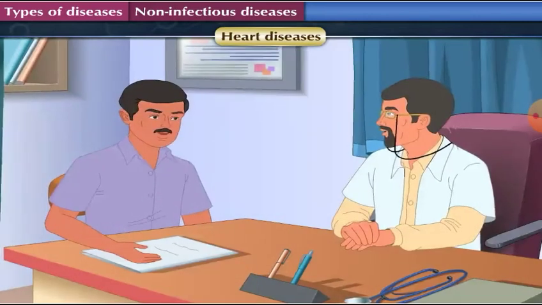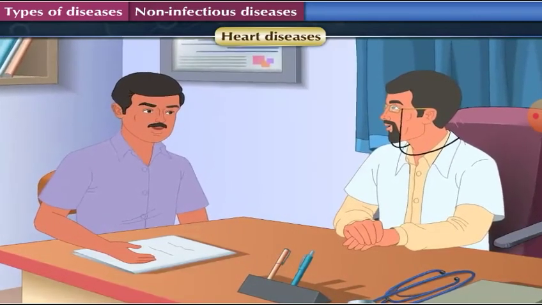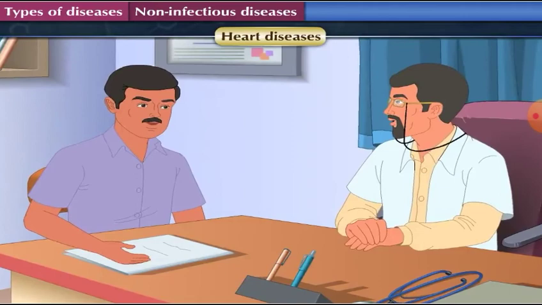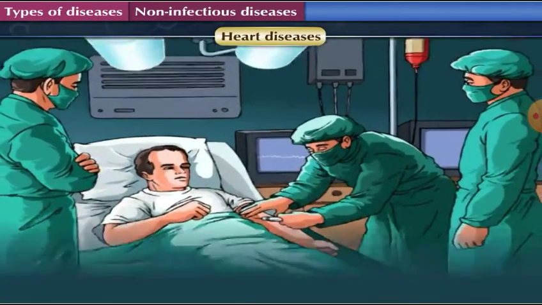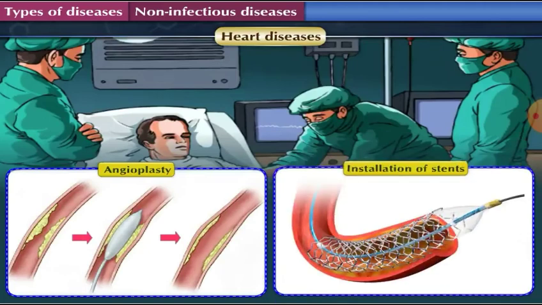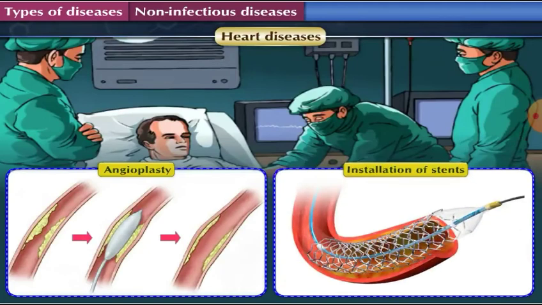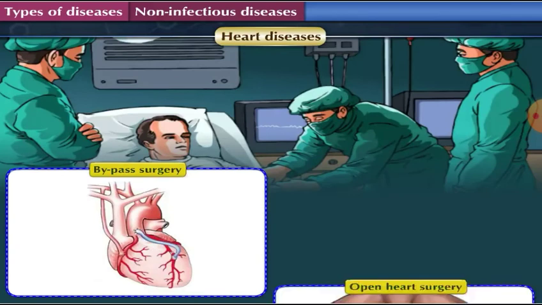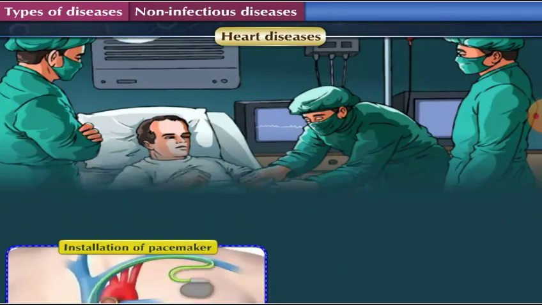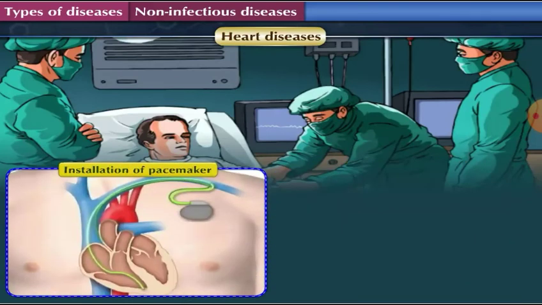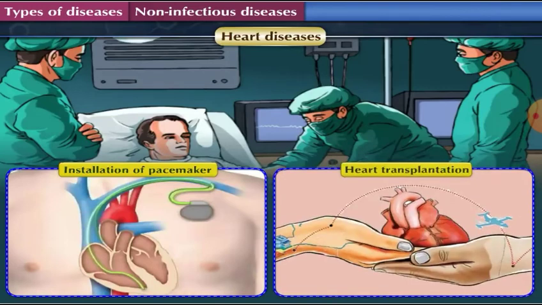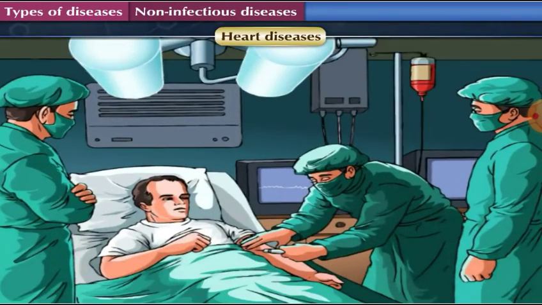The treatment of heart disease depends upon the severity of the disease. Apart from medicines, surgical options like angioplasty, installation of stents, bypass surgery, open heart surgery, installation of pacemaker, and heart transplantation are considered for the treatment of heart diseases.